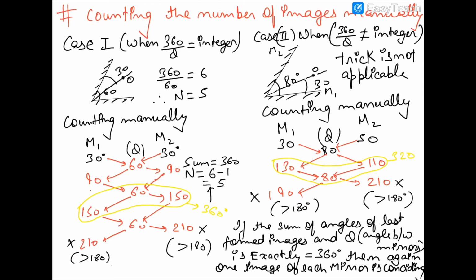So 190 and 130 is equal to 320. 320 is not equal to 360, hence the last images will not be coinciding.